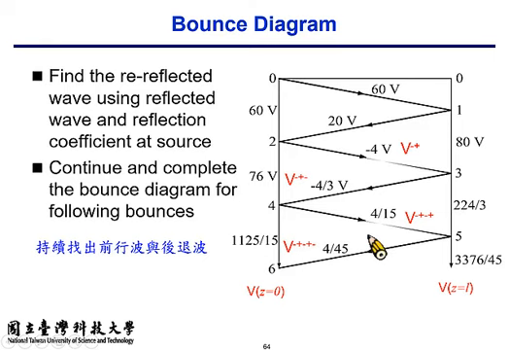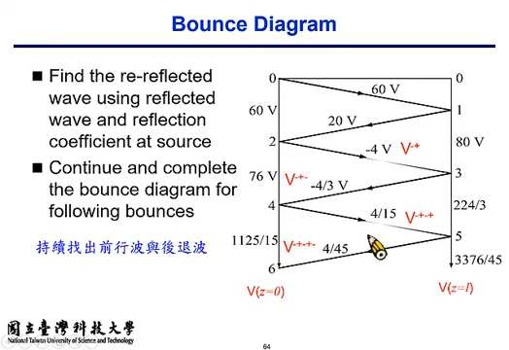Because the reflection coefficient on the right is 1 over 3, and the reflection coefficient on the left is minus 1 over 5, which are both smaller than 1 in terms of magnitude. And we know that higher order terms are the product of the previous term times the reflection coefficient.